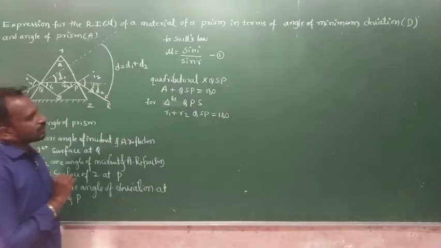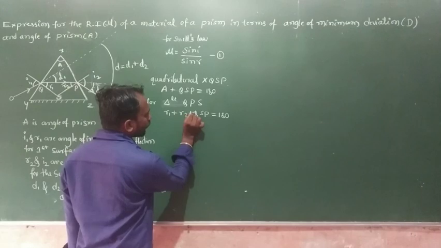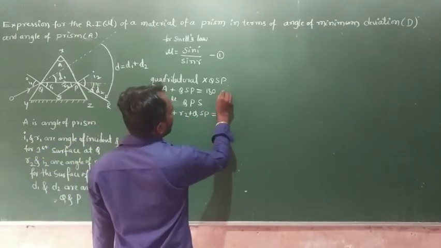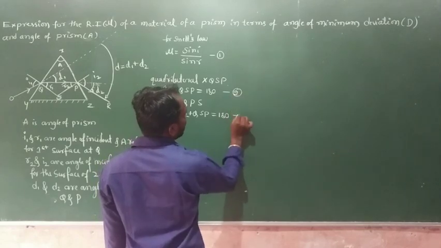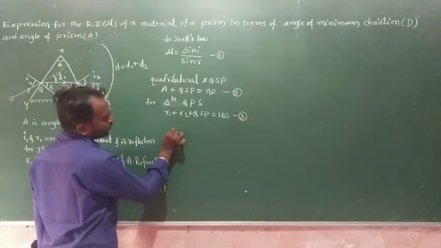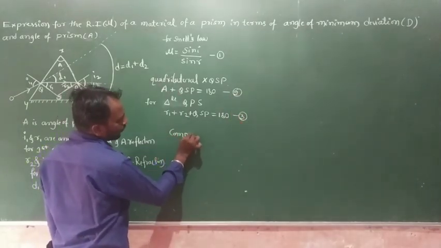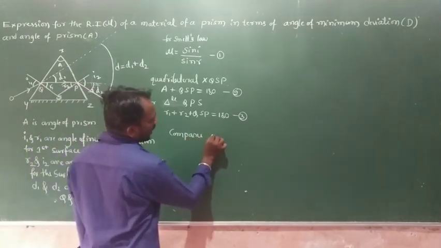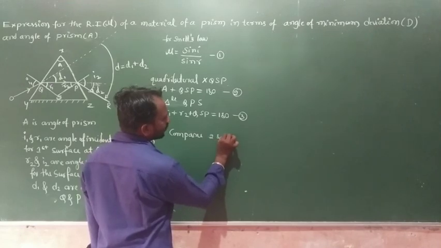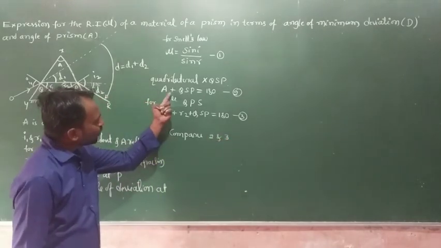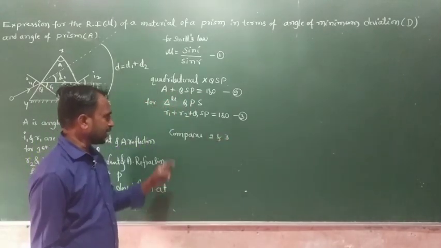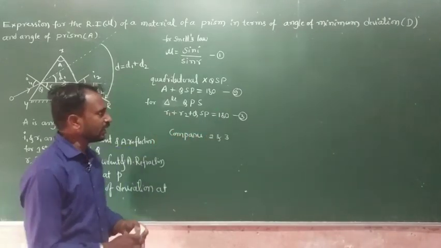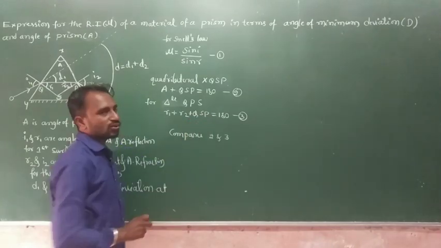Yes? Okay, so here this is equation 2 and equation 3. Compare equation 2 and 3. A plus QSP is equal to 180 degrees. R1 plus R2 plus QSP is equal to 180 degrees. QSP is common.